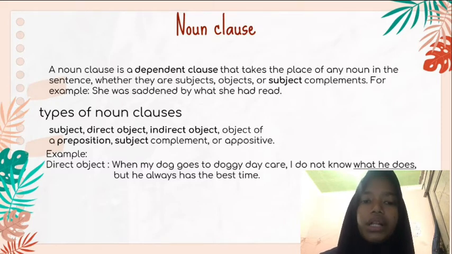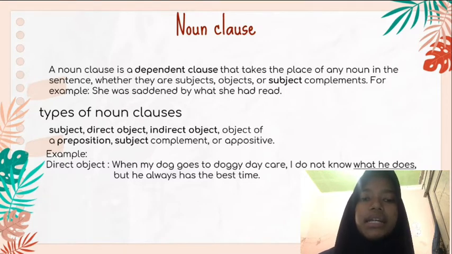For example, when my dog goes to doggy daycare, I don't know what he does, but he always has the best time. In the sentence above, the noun clause what he does is acting as the direct object of the verb know.